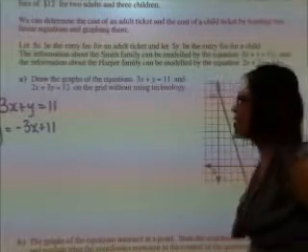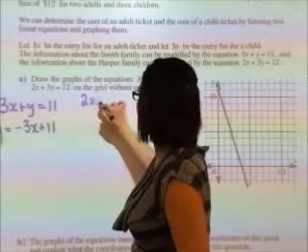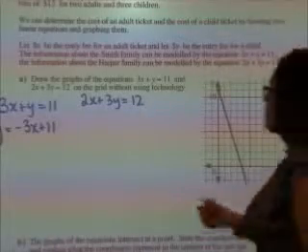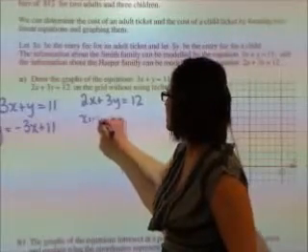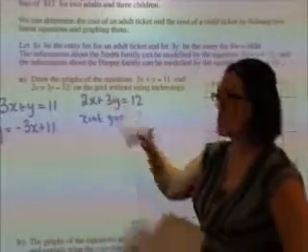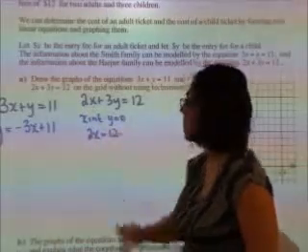So for my other equation, I have 2x plus 3y equals 12. And there's 2 ways that I could do this. I could find what my x and y intercepts are. The x-intercept happens when y equals 0. So if y equals 0, the 3y would disappear, and I would get 2x equals 12.